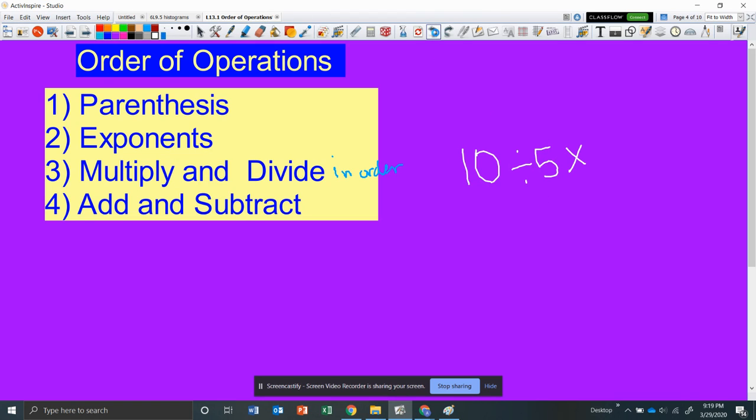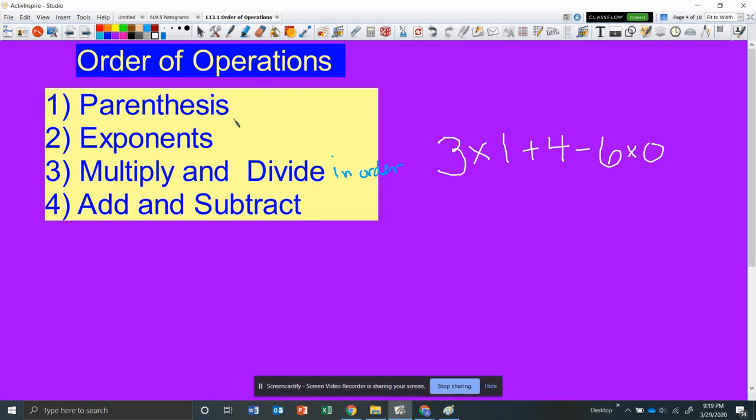Then we have to make sure that we're adding and subtracting as our last step. So if I get a problem that says 3 times 1 plus 4 minus 6 times 0. Let's see.